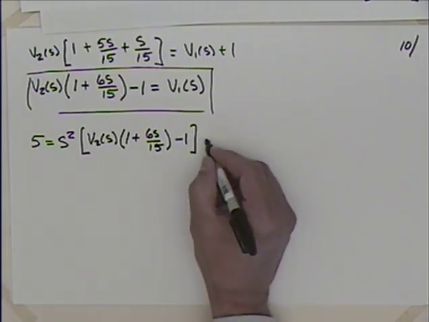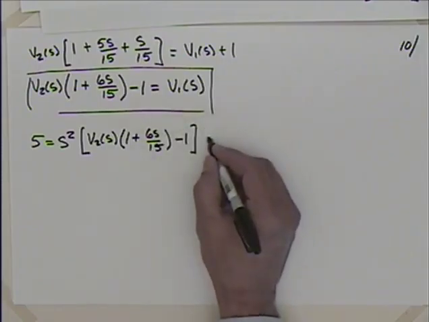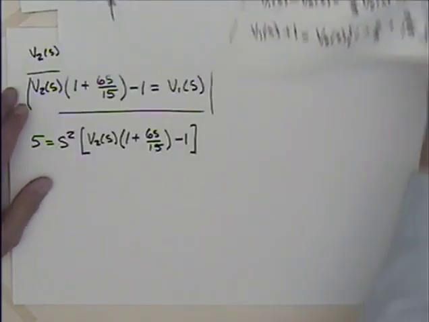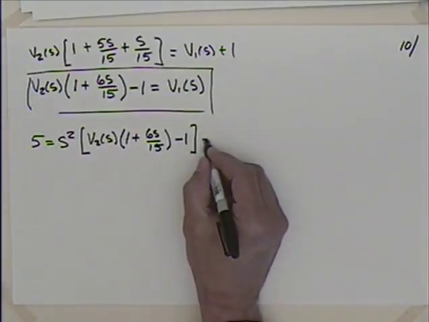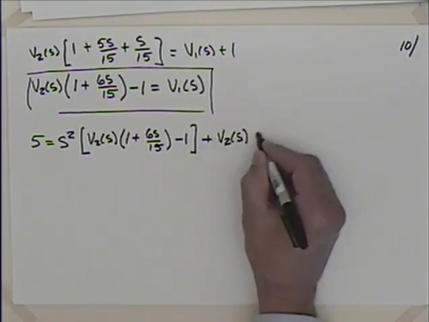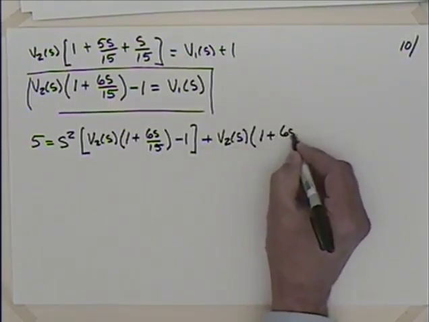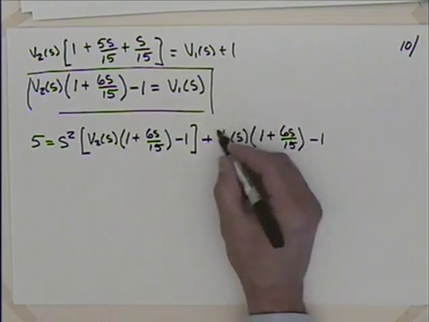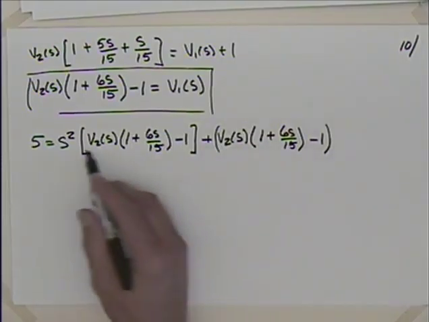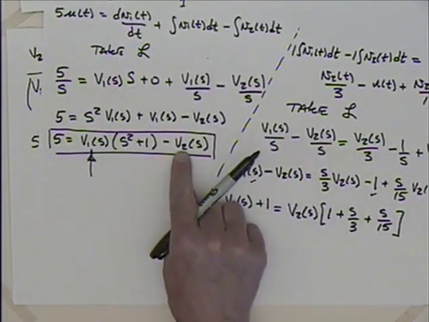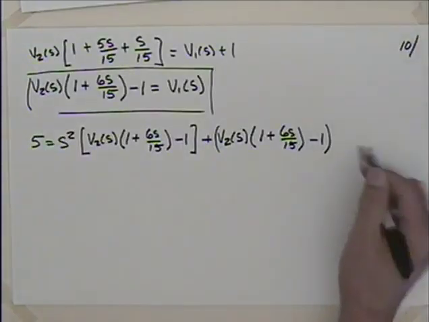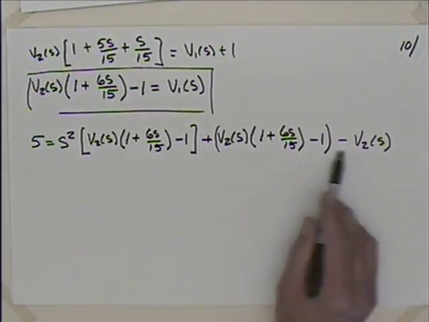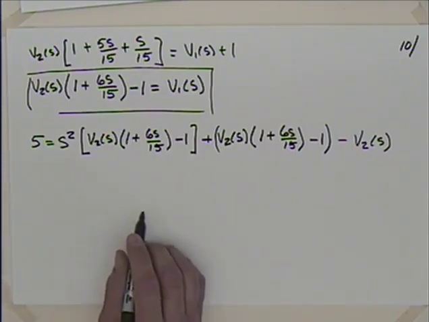And then I'm going to have just a plain old V1, because we had V1 times s squared and V1. So I will have plus V2(s) times 1 plus 6s over 15 minus 1. And then I had minus the V2(s). So minus V2(s). And my only unknown is V2. So I should be able to solve for that, right?